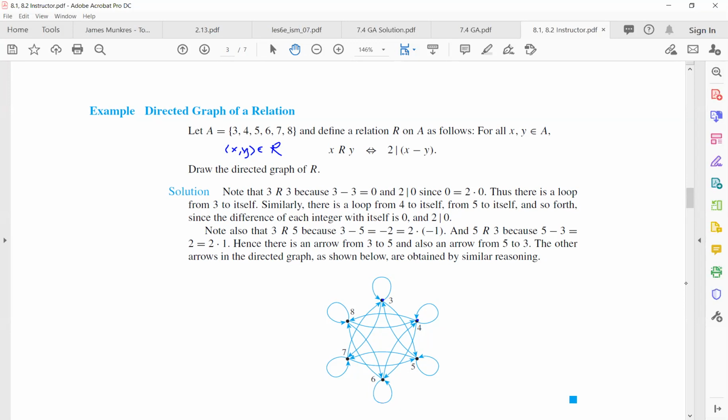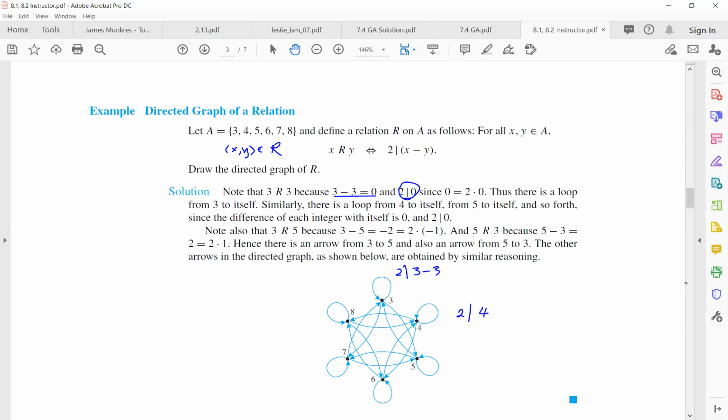First of all, you can use a loop for each of these elements. Why is that? For example, take 3. 3 minus 3 is equal to 0, and 2 divides 0. So we have a loop for 3. The same for 4. 4 minus 4 is 0, 2 divides 0. So we have a loop on 4.